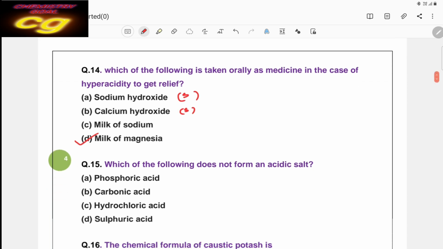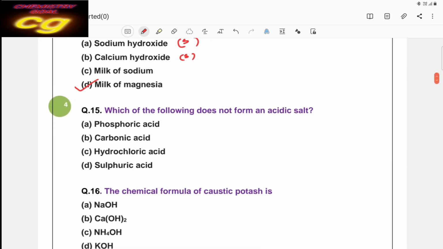Milk of magnesia. Which of the following does not form an acid salt? If an acid salt is not produced, it means that the acid is weak. So phosphoric acid, carbonic acid, hydrochloric acid. Phosphoric acid is a strong acid, formula H3PO4. Carbonic acid is a weak acid, H2CO3.